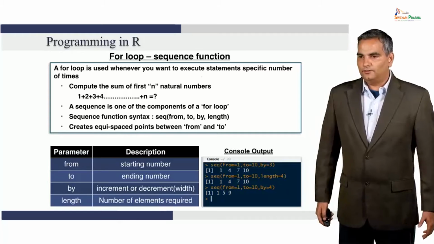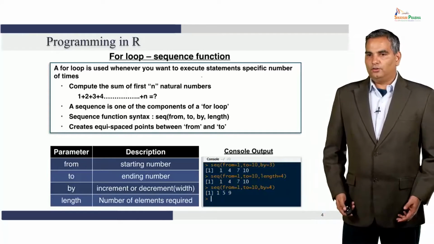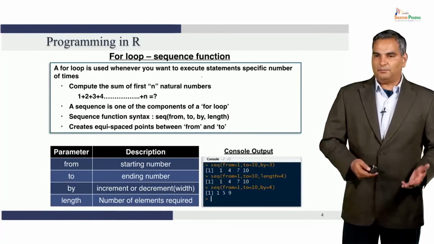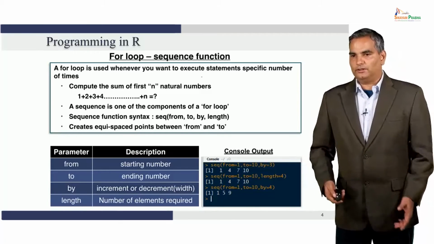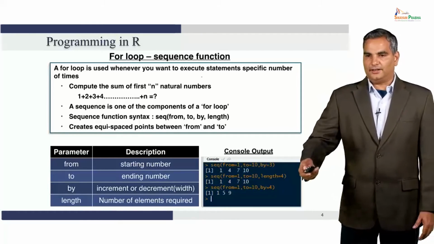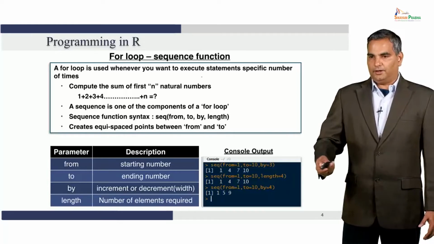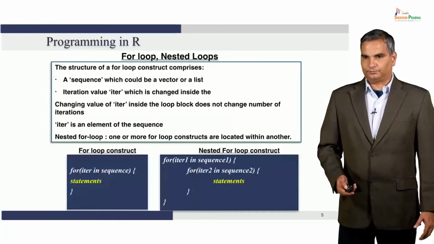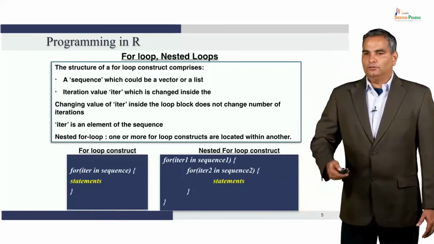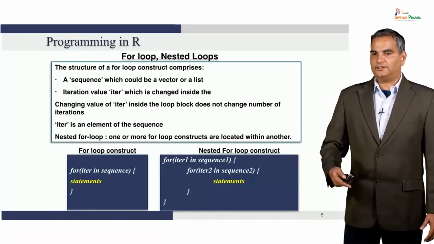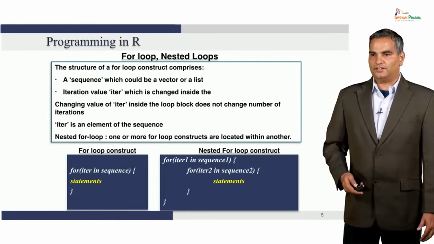For loop is very similar, where you basically have a sequence and then say for some number to some number, keep doing this. There's a from, which is starting number, to, which is an ending number, and by is the increment or decrement that you use. So for this sequence of numbers, you keep repeating the statement again and again is what the for loop construct is.